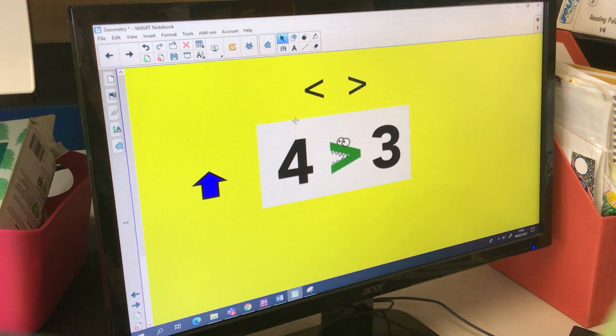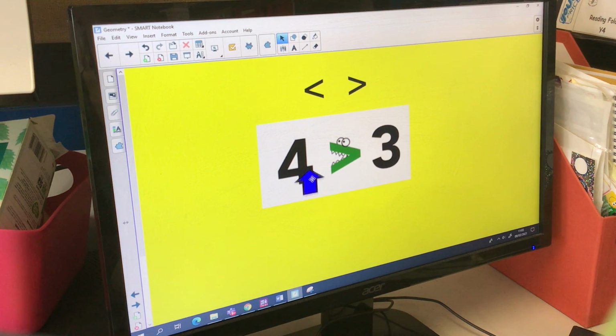One of the things you might be asked to do today is to use the greater than or less than, and that was something that you did in the last task. And just to remind you, I like this crocodile picture here that you might have come across in year 3 and also in year 2, that the wide open mouth of the crocodile is always pointing towards the larger number or the larger angle.